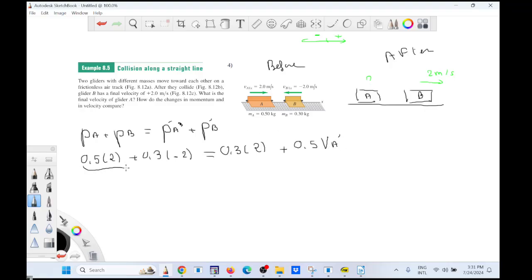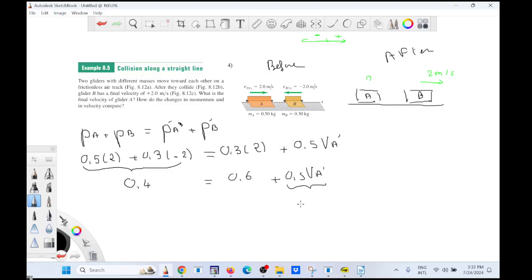So the total momentum after is, this is minus 0.6. 1 minus 0.6 is 0.4. And this is 0.6 plus 0.5 VA prime. So you can solve for VA prime. Or you can say, this is the same momentum before. So here you need to get 0.4.